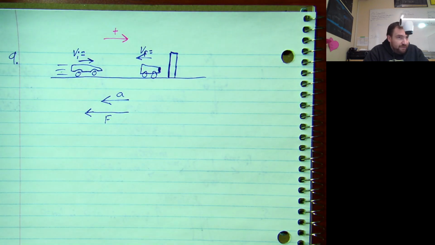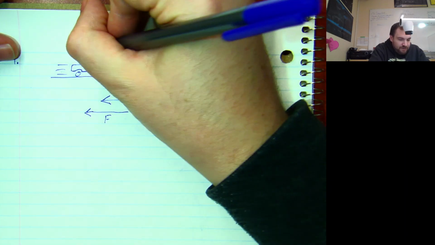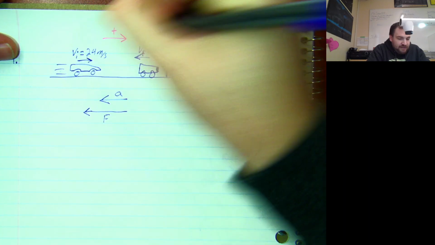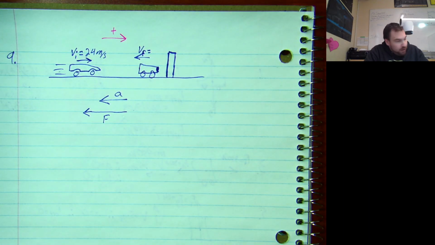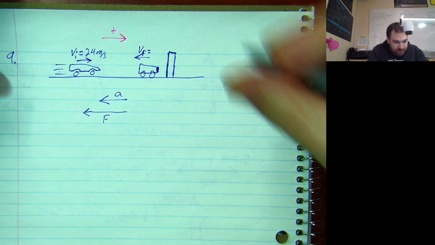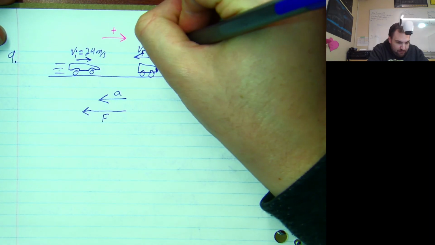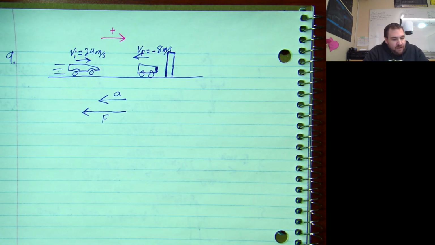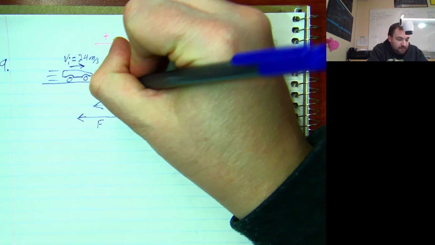So now we just have to fill this in with values. What's my initial velocity? Okay, 24 meters per second. What's my final velocity? Negative 8 meters per second. What else do we know? The impact time was what? 0.97?